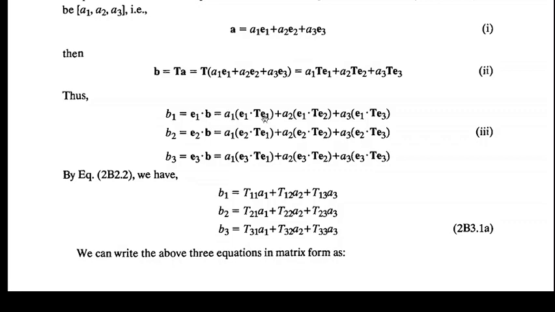So E1 dot Te1 will be T11, E1 dot Te2 will be T12, and E1 dot Te3 will be T13. Similarly, E2 dot Te1 will be T21, this would be T22, this would be T23, this is T31, this is T32, and this is T33. Now this is the form of B1, this is B2, and this is B3.